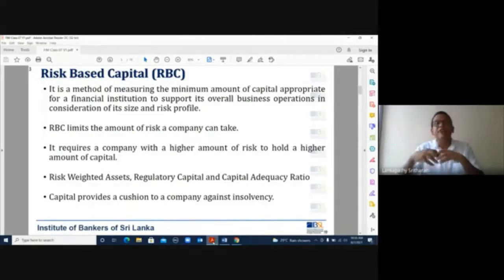The main difference in Basel III is that a minimum liquidity requirement is also emphasized by the document. There may be several differences, but the liquidity coverage ratio is one of the additional features introduced in Basel III. So this is about the risk-based capital.